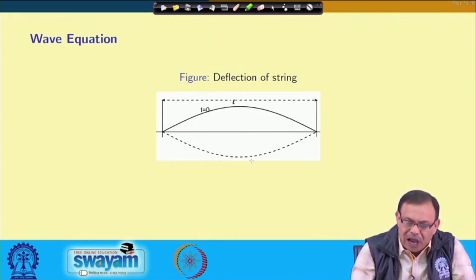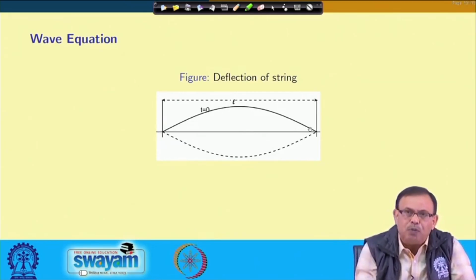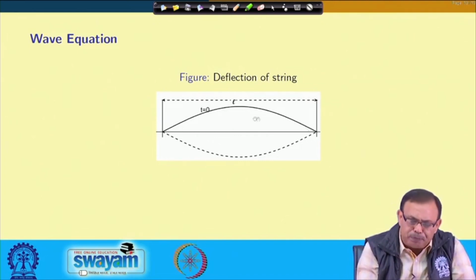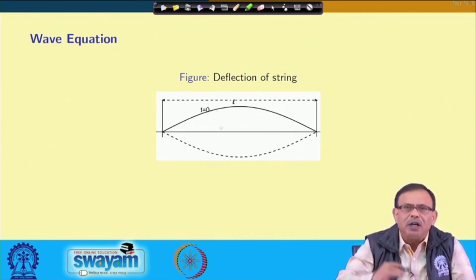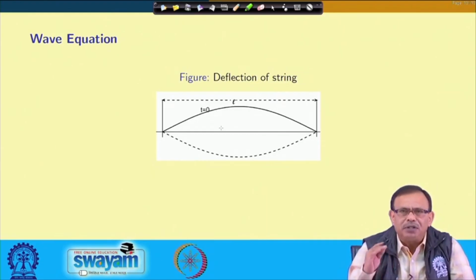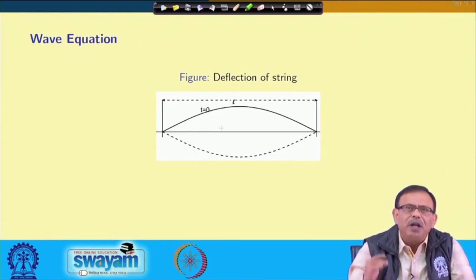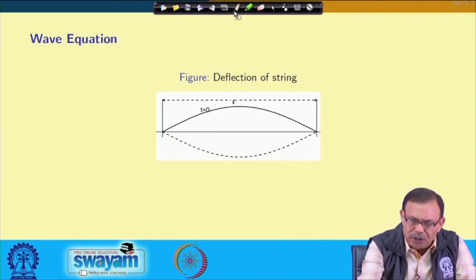So, basically you have a string which is fixed at 2 points. At time t equals 0, you release the string and allow it to vibrate. To measure the vibration, we use the wave equation.